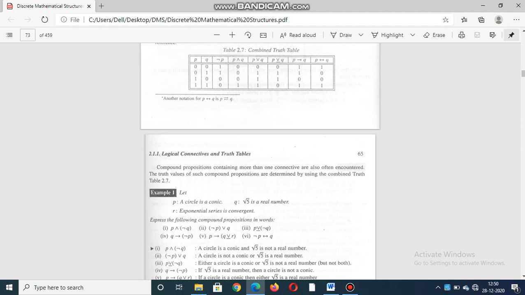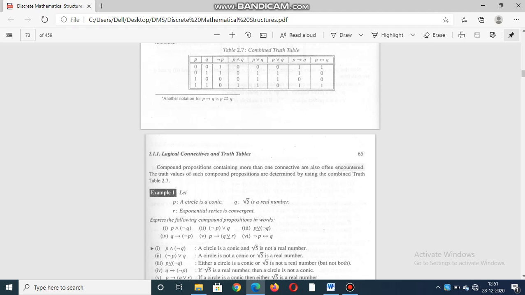A circle is a conic and, conjunction in the sense of and, negative Q, in the sense root 5 is not a real number. Actually Q is root 5 is a real number, you have to make it a negation. That's why root 5 is not a real number.